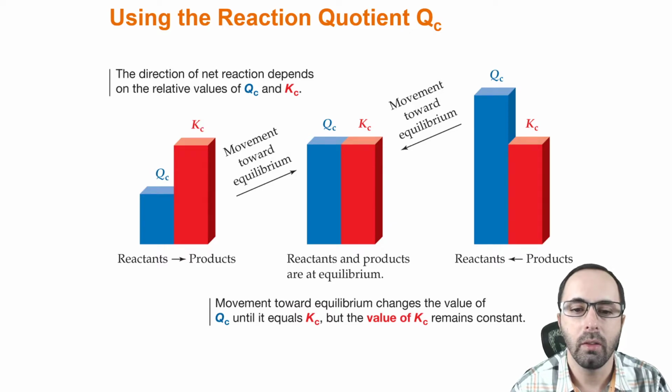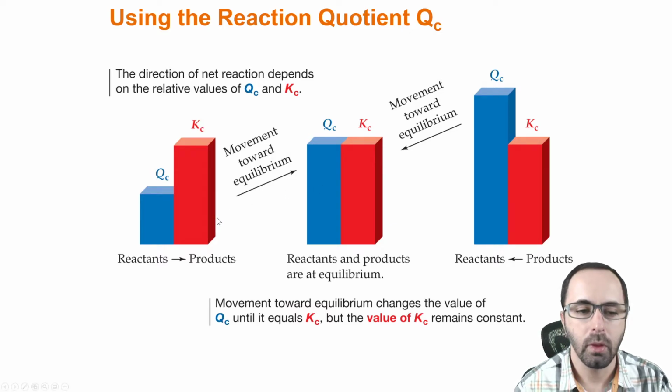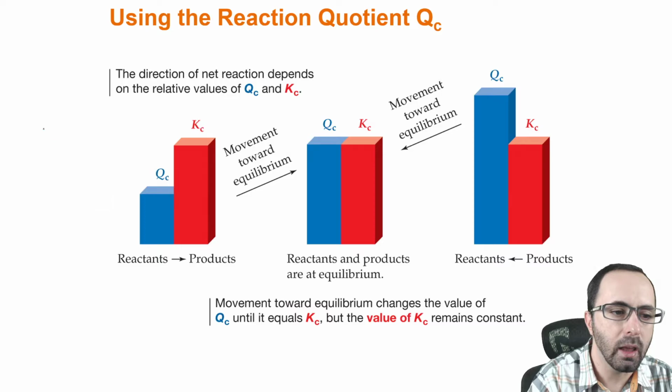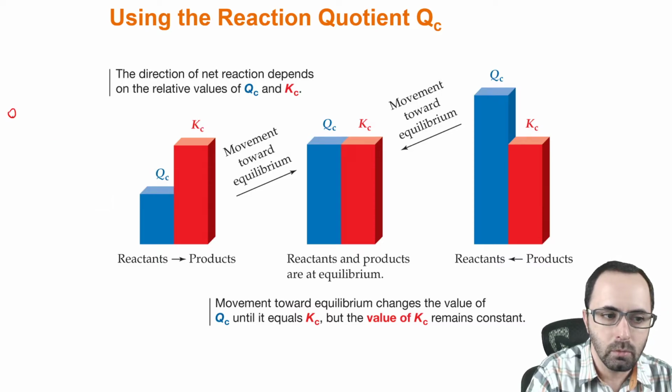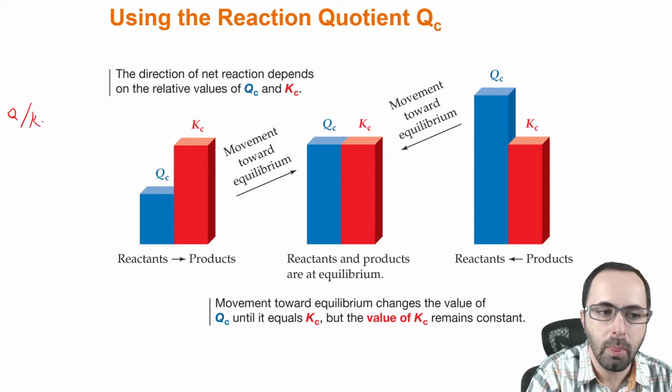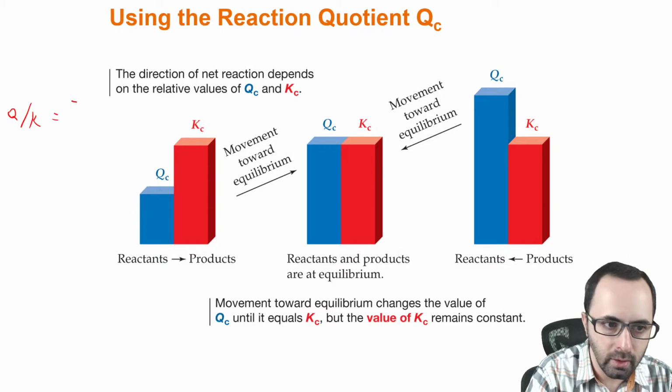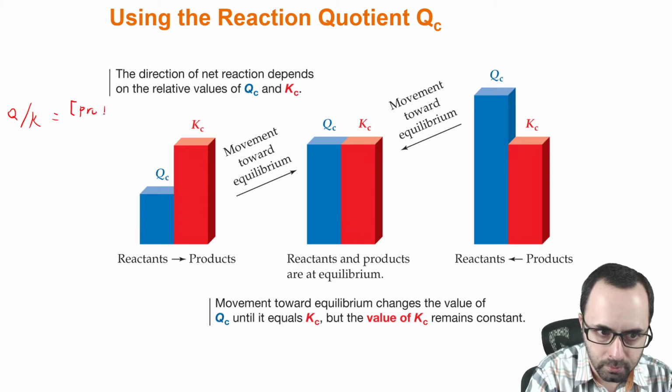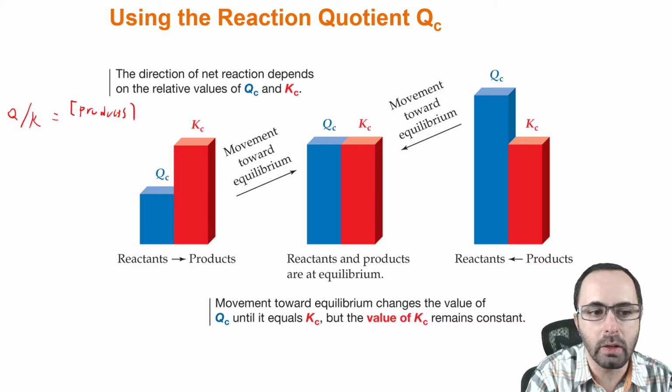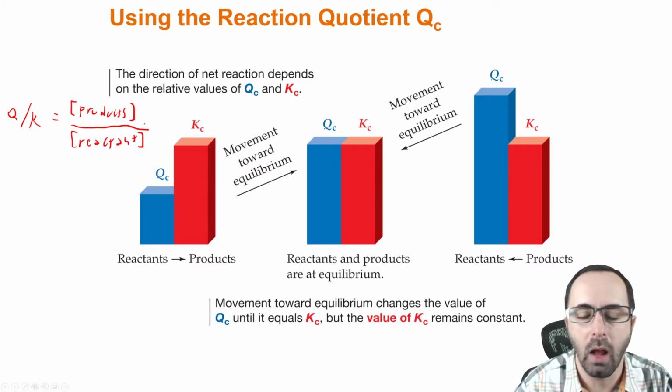Now remember, in general, for a Q or a K, they're both calculated approximately as product concentrations on the top of the fraction and reactant concentrations on the bottom of the fraction.